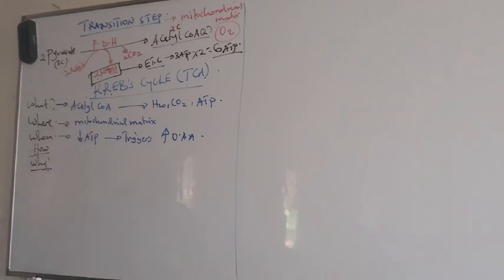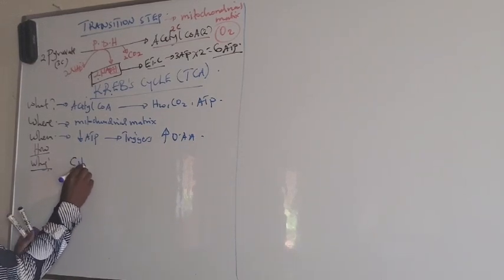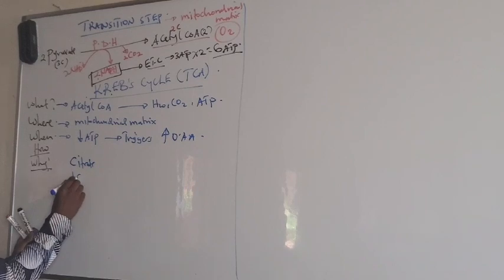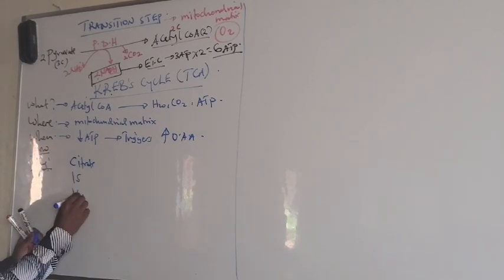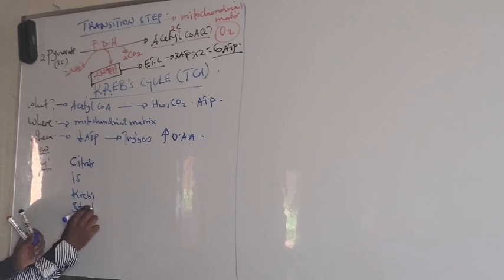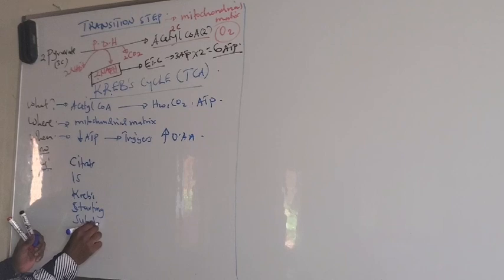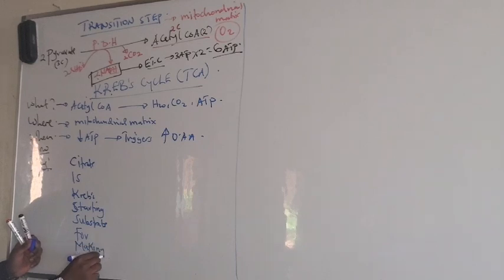There is a mnemonic we normally use to remember this cycle: Citrate Is Krebs Starting Substrate For Making Oxaloacetate.